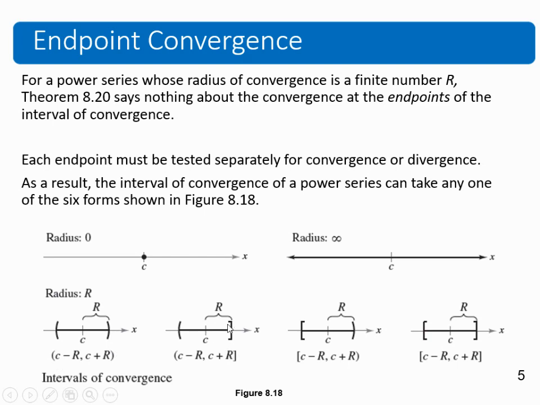For this one, you can see it includes the right endpoint. And for the third one, it includes the left endpoint, but not the right endpoint. And for the last one, it includes both endpoints. So you have these various situations where you need to test the endpoints to determine which of these situations you might have.